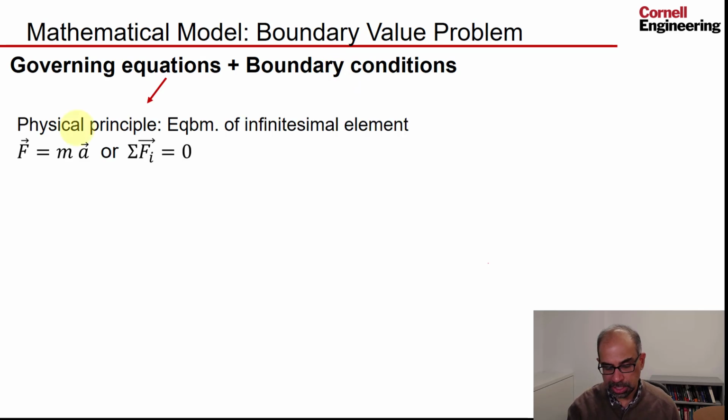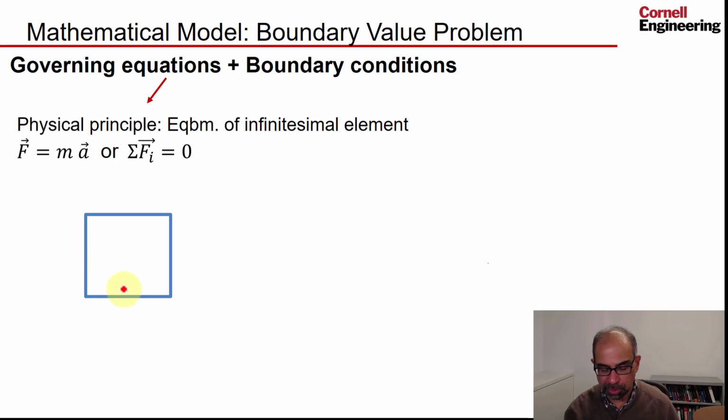The governing equations are based on the physical principle of equilibrium of an infinitesimal element, that is a vanishingly small chunk of material. So if that is my chunk of material, and I'm showing you a two-dimensional view to keep things simple, and let's say that's delta x, that's delta y, we are looking in the limit as these tend to 0.